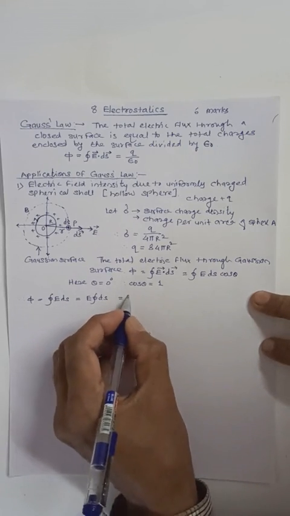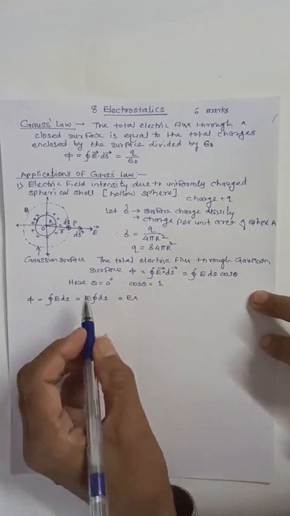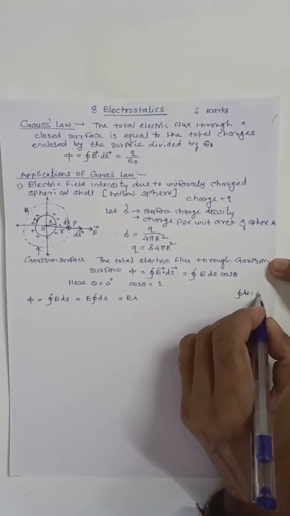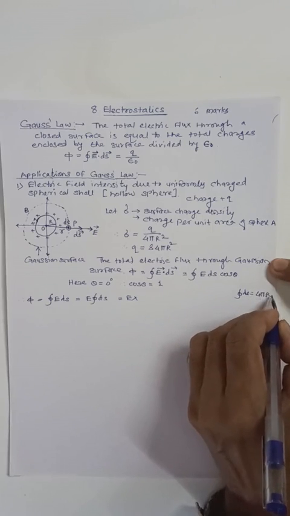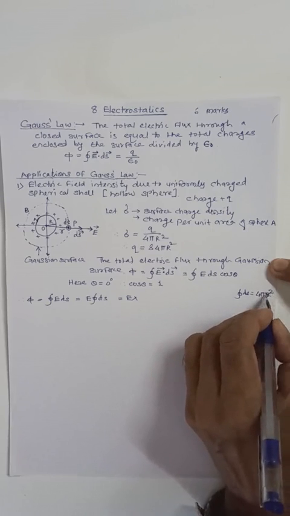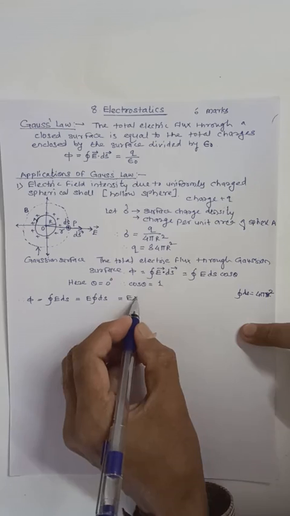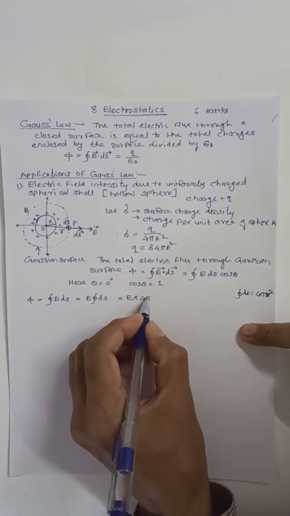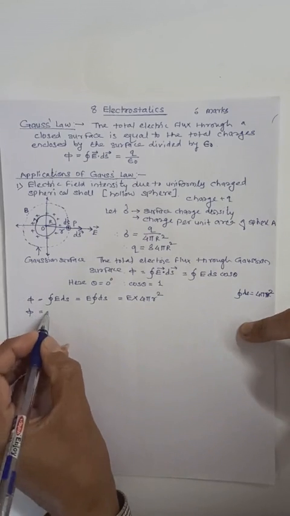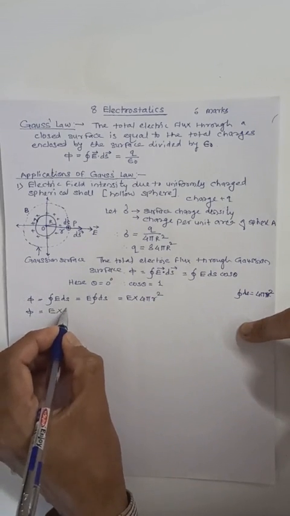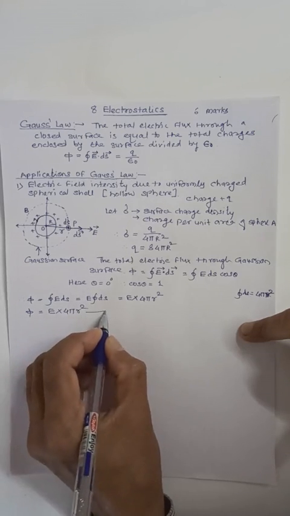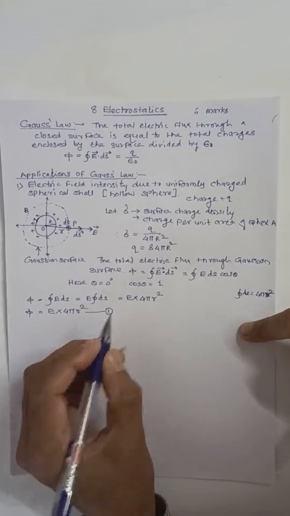So it is equal to E into, now closed integration of ds means 4 pi r square. So phi is equal to E into 4 pi r square. This is equation 1.